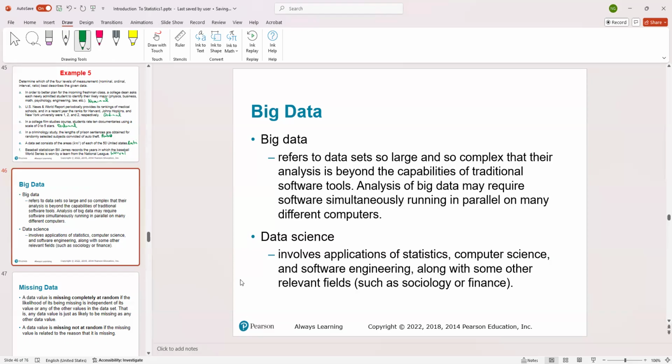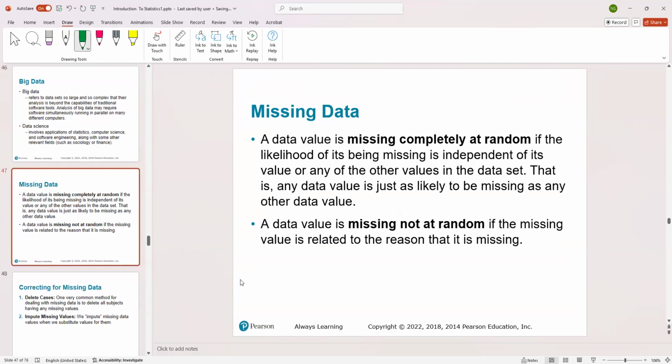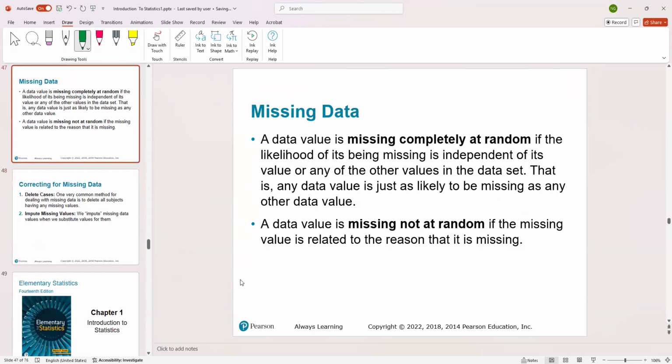Netflix collects data on viewing records and uses the data to create original programming as well as to identify which movies to acquire. Even a Walmart website is not easy to handle, right? As I said, we also have some missing data.